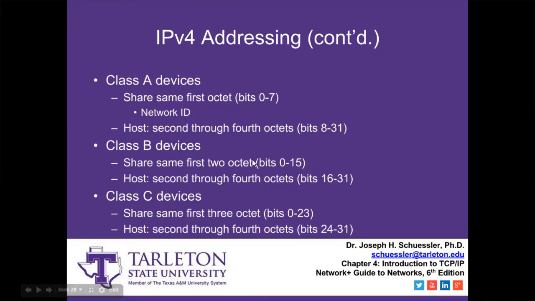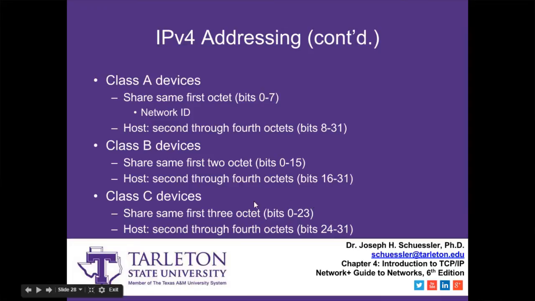Class B is a combination of the two. It's kind of in between. The first 2 octets, 0 through 15, represent the network, and the hosts are the second 2 octets. So you end up with a compromised shared number of hosts and networks. And then Class C, the first 3 octets, 0 through 23, represent the network.